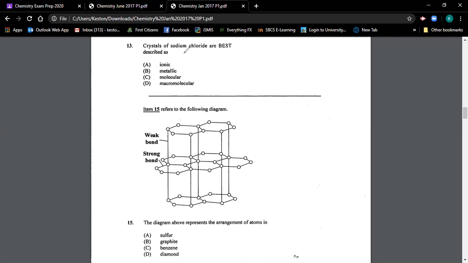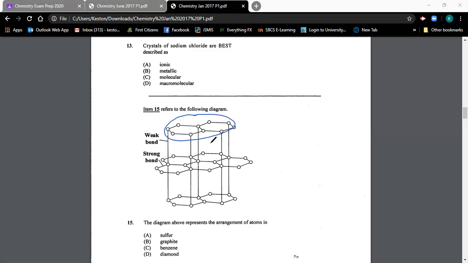And we know that because we have the hexagonal layers on top of each other, and we know that these bonds are weak, so they can slide on one another, which makes it a good lubricant, right? But the bonds inside the hexagon are generally strong, right? So they're asking us what the diagram above represents the arrangement of atoms in, and my answer would be what we just talked about, graphite.